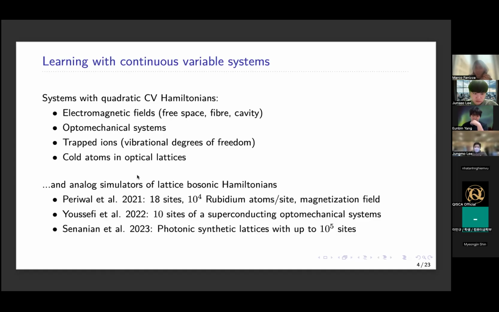For example, using magnetization fields from a cloud of rubidium atoms, which was used to construct Hamiltonians on 18 sites or 18 modes, using superconducting optomechanical systems, and photonic synthetic lattices can also be realized. So this motivates considering the problem, especially of Hamiltonian learning in the CV case.